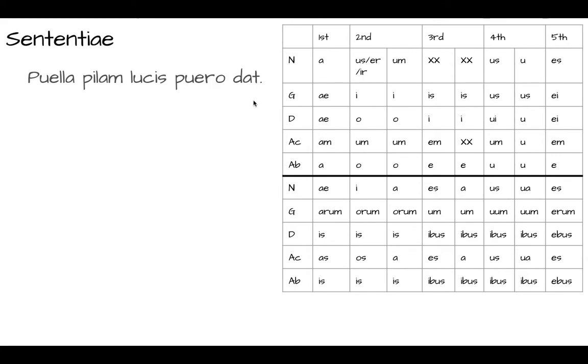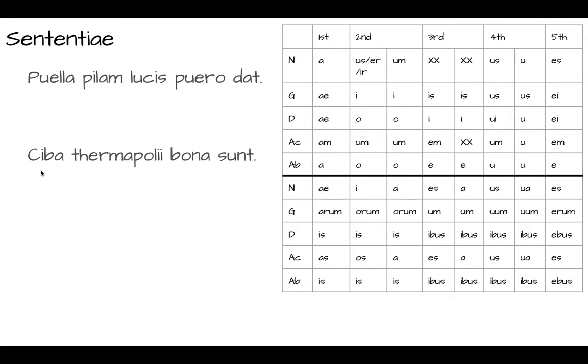And she's giving the ball, puero, from puer, pueri, to the boy. So now all I have left to deal with is lucas, and this is from lux. Lucas. Oh, so that's genitive. So this is the ball of light. So the girl gives the ball of light to the boy.